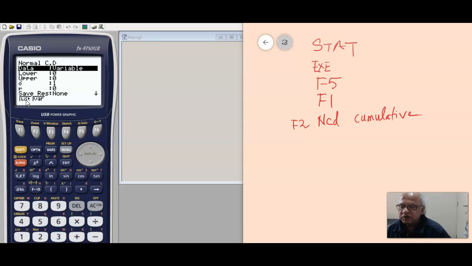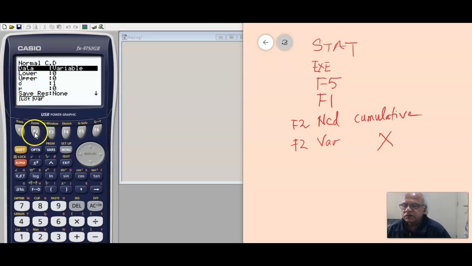But for the time being, we'll go straight to F2 once again, which is variable. They are referring to the random variable, which is capital X. It is the variable for statistics. It is a very important concept in stats.